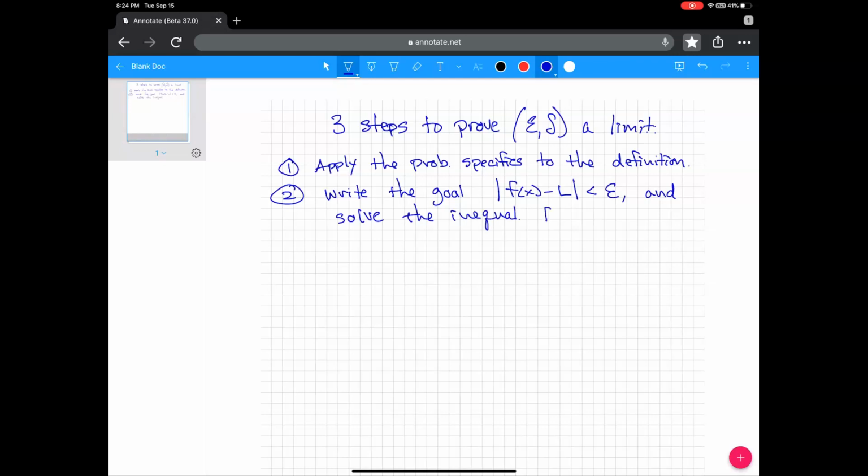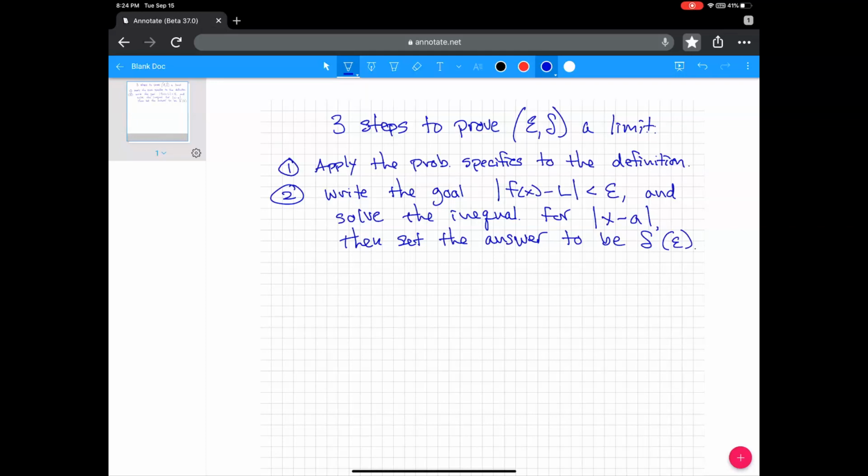Solve the inequality for the absolute value of x minus a. So when it's solved for x minus a, then set the answer to be delta, which will be a function of epsilon when we get there. And I'll try to explain what that means in our example.